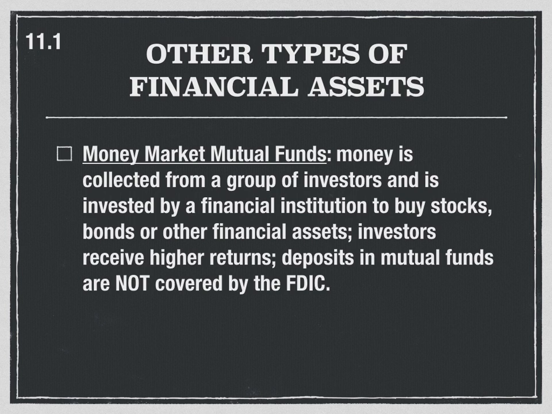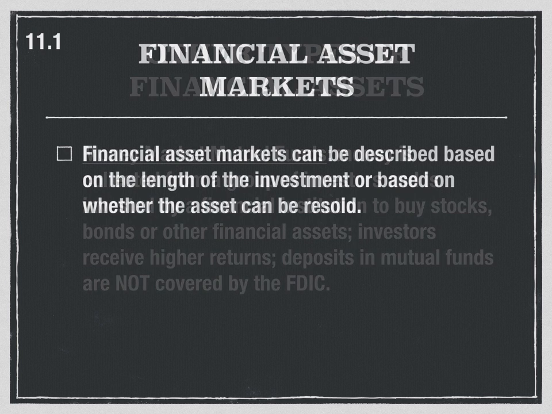They don't get ownership in the company at all. They're just getting the money from the dividends and whatnot. Now, you receive higher returns for this, but there is a risk. These money market mutual funds, even though they're deposited with a bank or with a financial institution, are not covered by FDIC. And so if the institution goes under or if the fund goes under, you lose your money, and that's it.